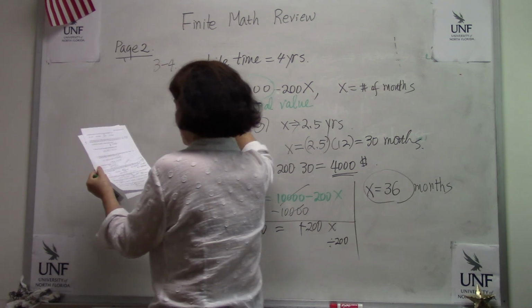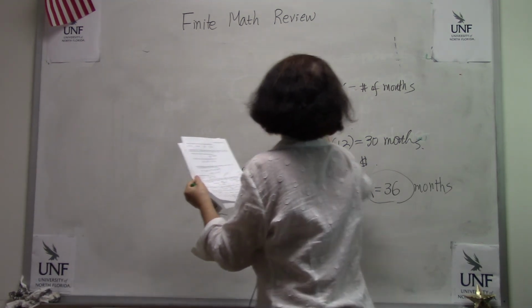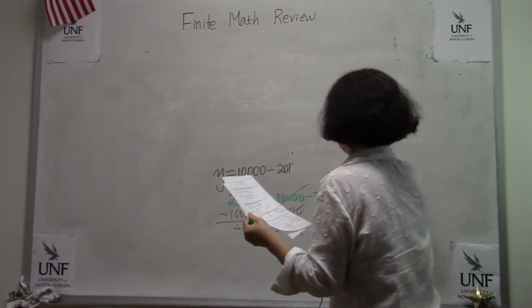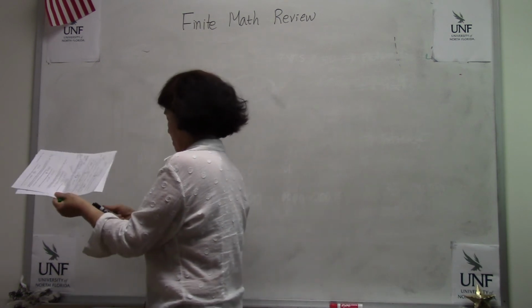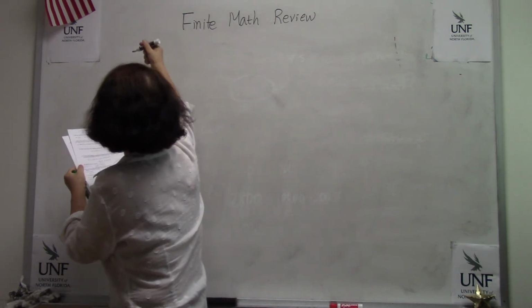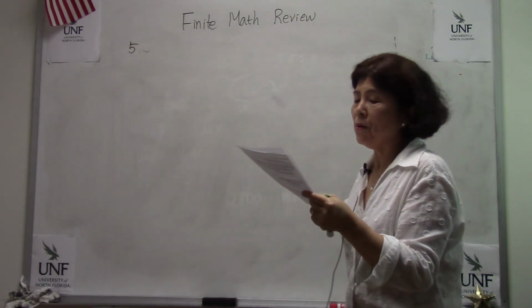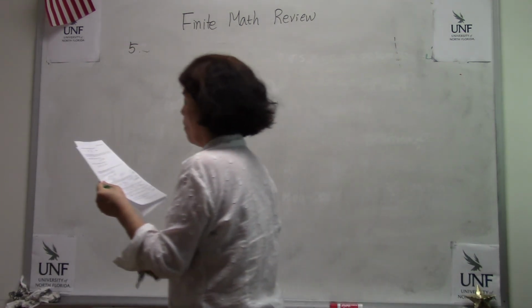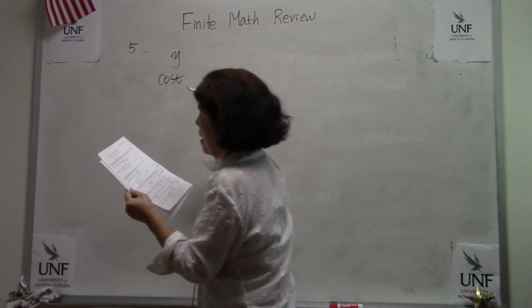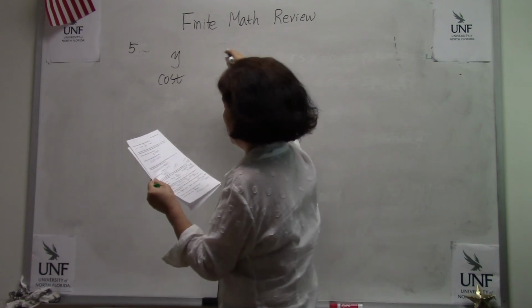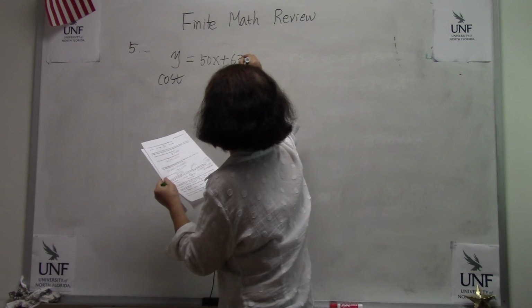Number 5, and then we start money problems. Suppose that the total cost y of making x computer gaming keyboards is y equals 50x plus 6,300.